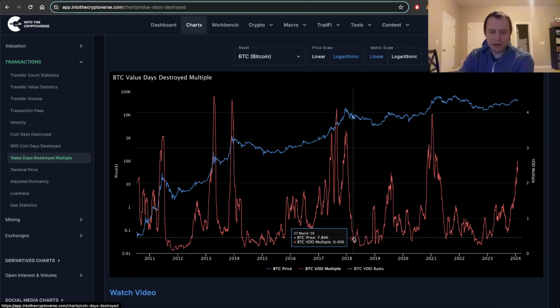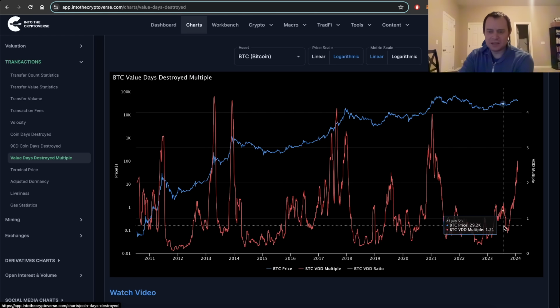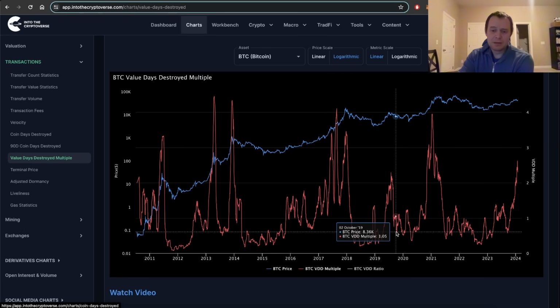So I suppose the first thing that stands out is that it's been going up a lot recently, really since September of 2023. You can see that it's been going up quite aggressively, which is in stark contrast to what happened back in September of 2019. In September, October 2019, we saw it bounce off of this level, but it only went back up a little bit and then just kept on setting lower lows.